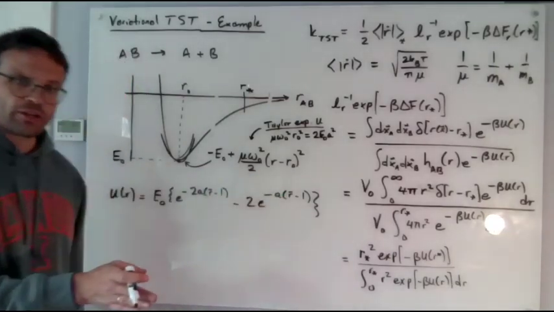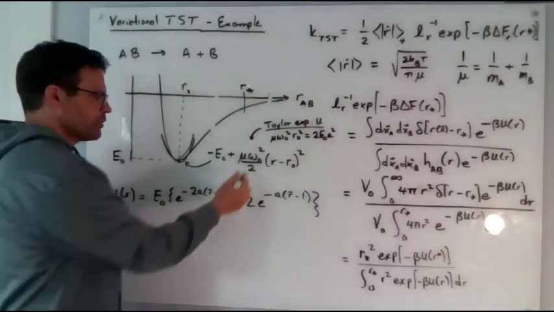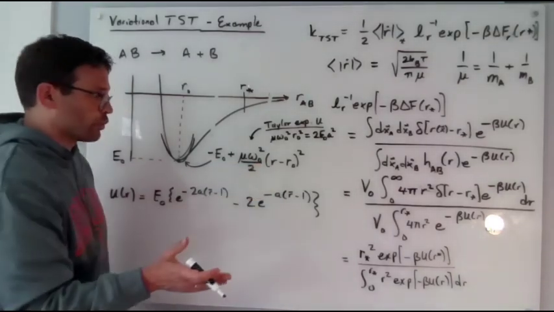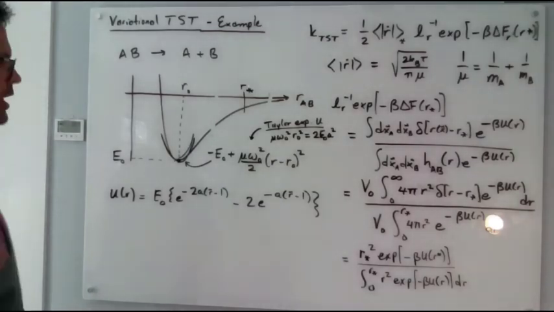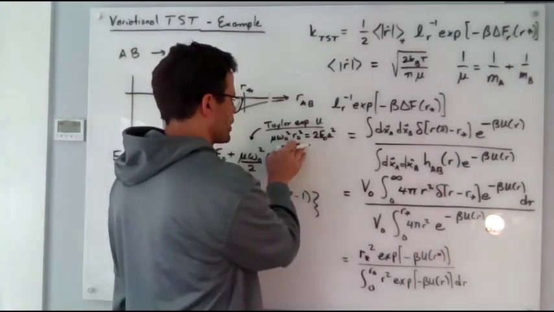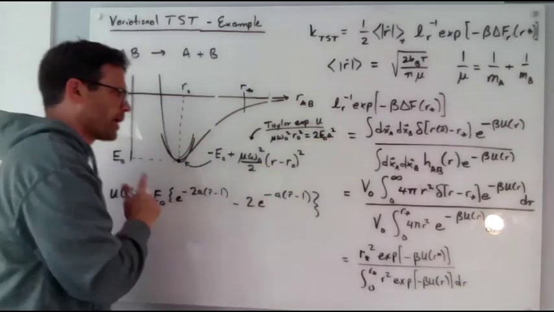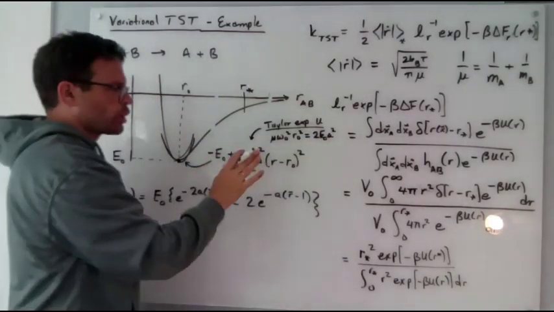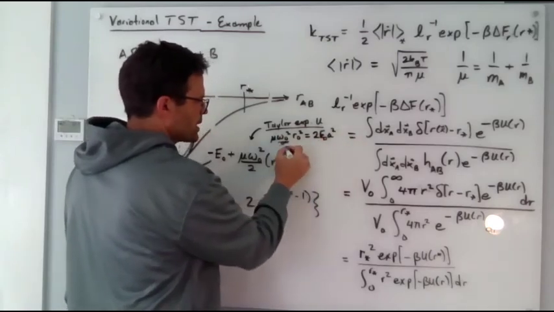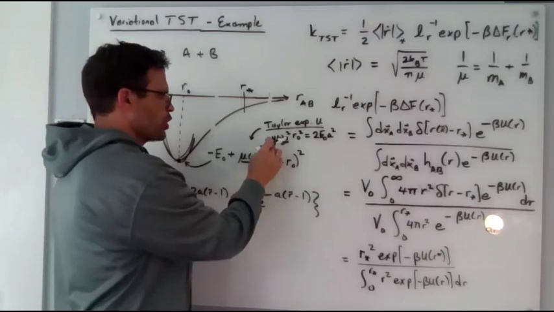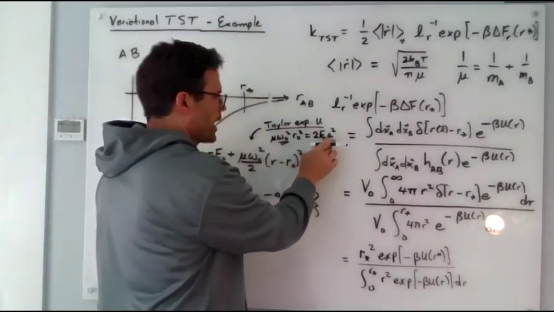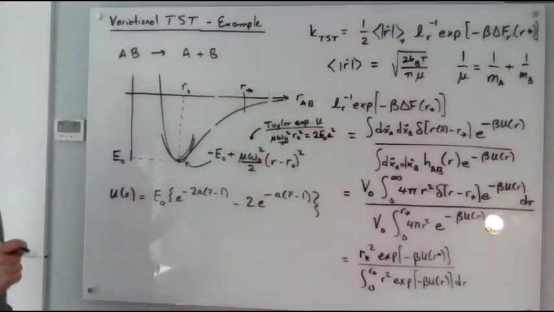Bit of a roundabout way of going about doing things, but I'm very familiar with this form of writing a harmonic oscillator potential, and the version of that harmonic oscillator potential in a Morse set of potential energy coordinates and parameters is not something that I know by heart. Okay, so you can interconvert the two. This is your effective recipe for getting this unknown frequency from the known reduced mass and from the known R naught and the known E naught and A. You now have a recipe for what that omega naught is.